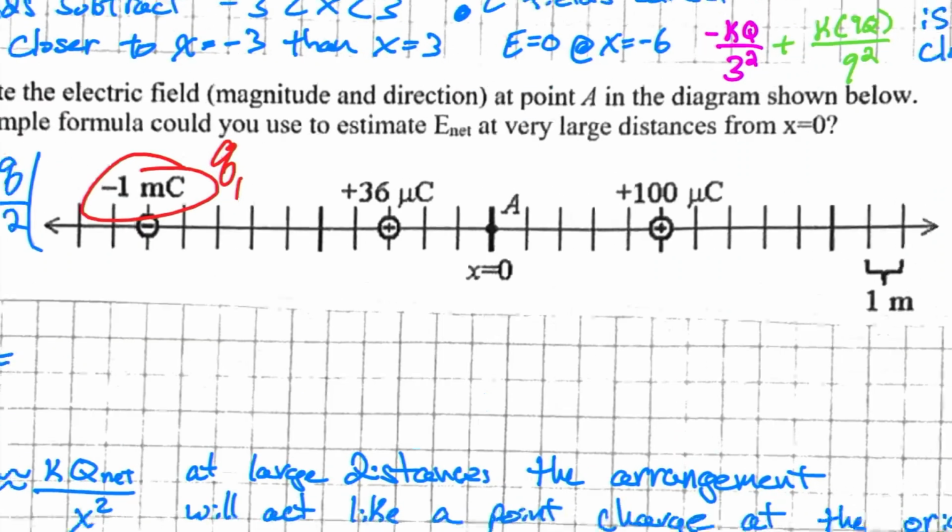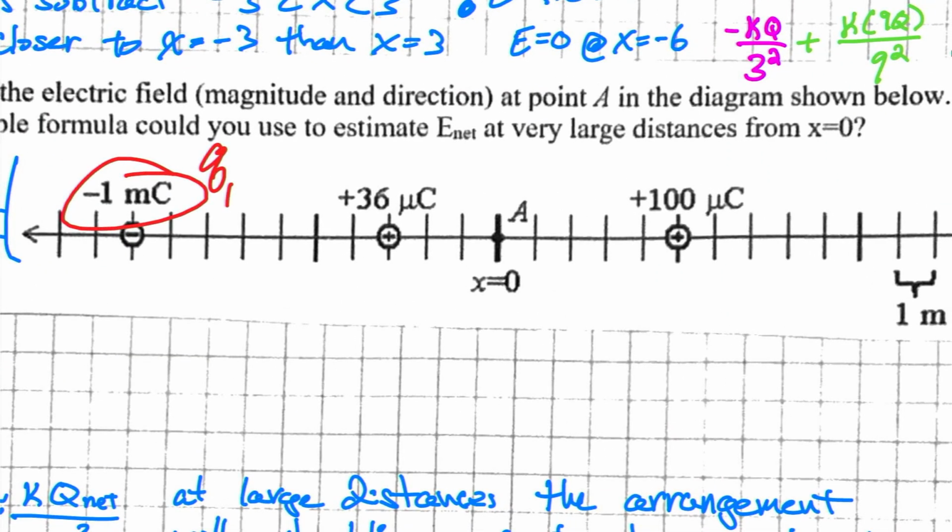And at the origin, a negative charge, it's going to have an electric field in this direction. So that'd be like E1. And then we can say that this charge here is Q2. And a positive, the field goes away. So that would be E2.